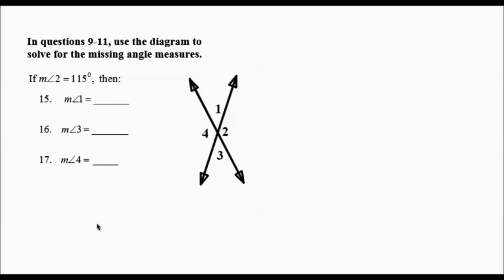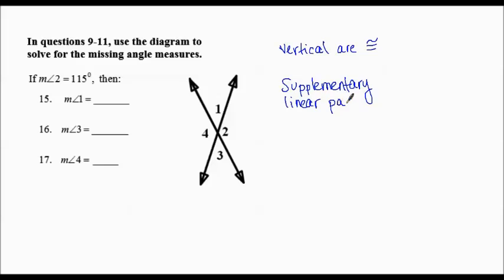A few more review problems for you here. In this question, the first thing that we need to remember are the concepts of vertical angles, which are congruent, which means that they're equal to each other, and supplementary linear pairs, such as a drawing like this one, where the two angles formed by the linear pairs add to 180.